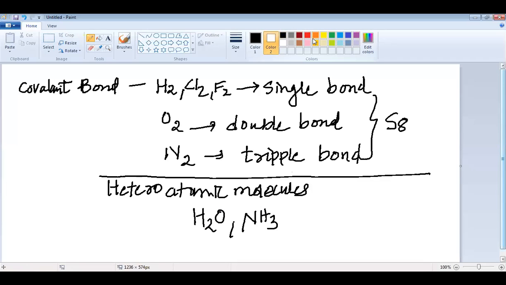These are the molecules, my dear students, which are homoatomic. What is the meaning of homoatomic? All the atoms are the same.